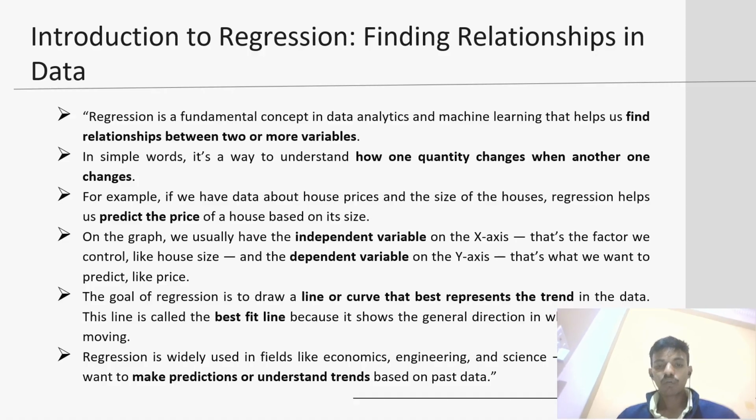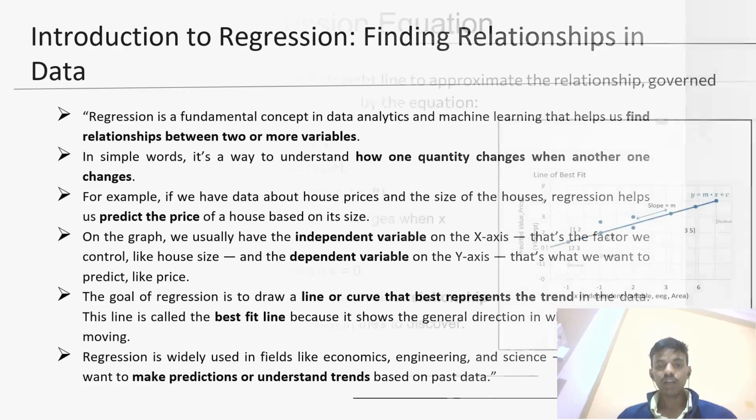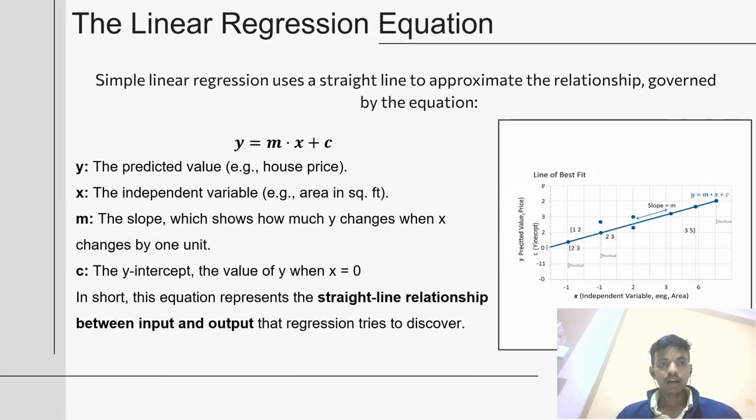Now we will move on to slide number 4. Slide number 4 consists of the linear regression equation. This slide is pretty important, where we see the main equation y equals mx plus c. As we have heard in our 12th class, m is basically the slope, showing how much y is changing with x, and c is just the y intercept.